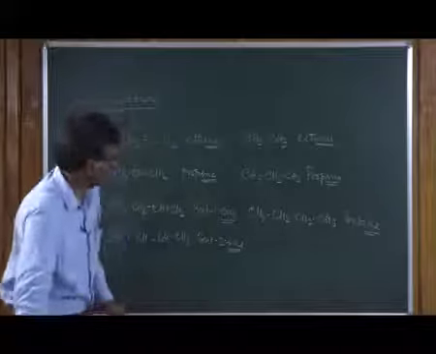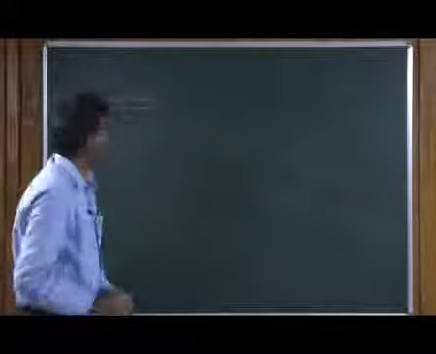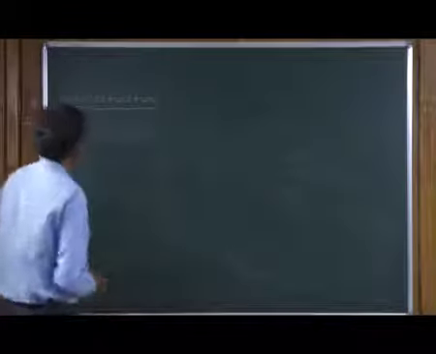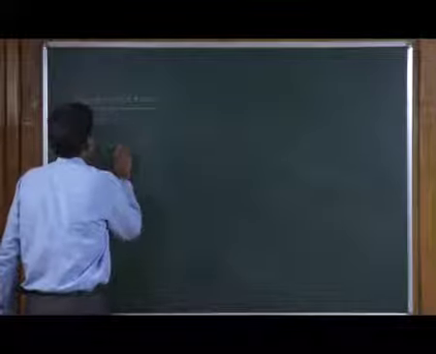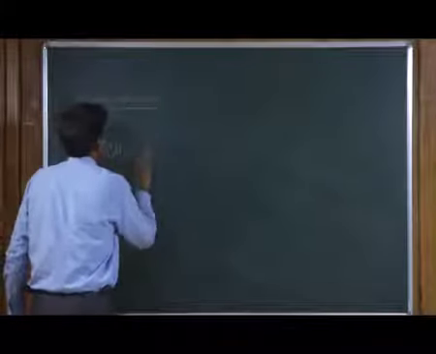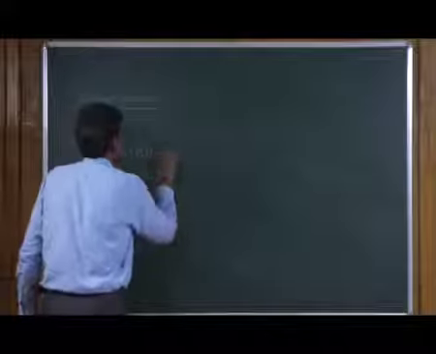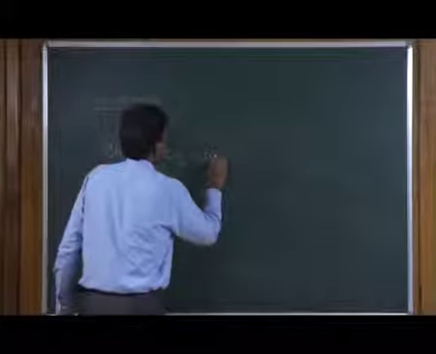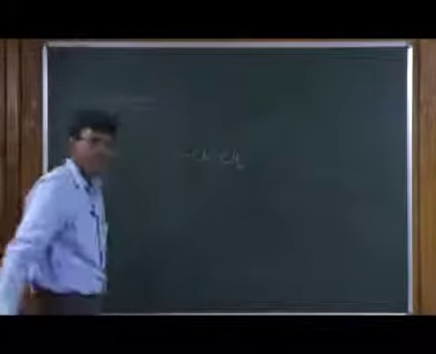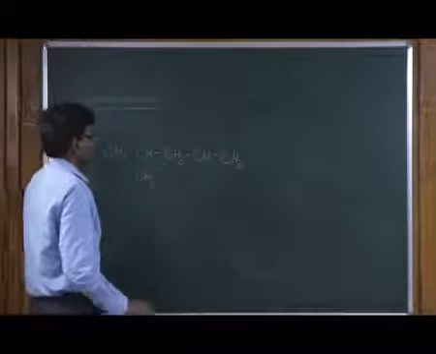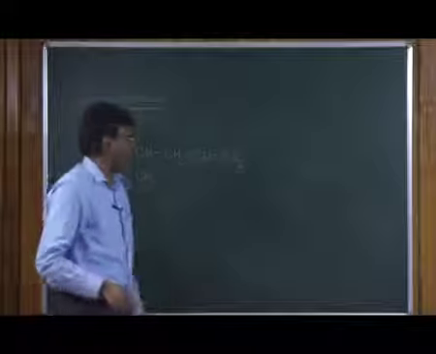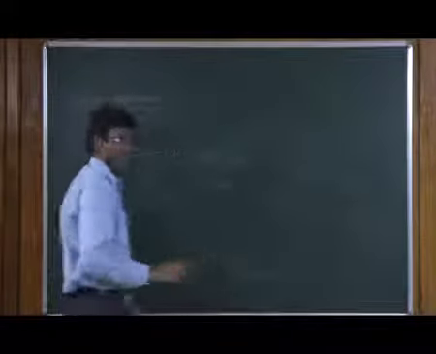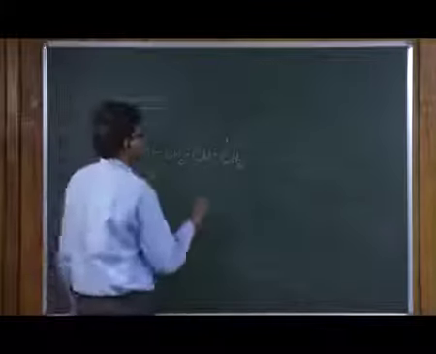Now, let us look at slightly bigger molecule. So, the name of the alkene is, and we have to start numbering as we have seen in the case of alkane, and we have to start from here wherever the double bond is very close to the end.